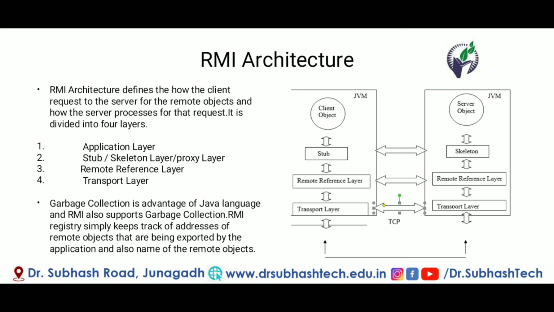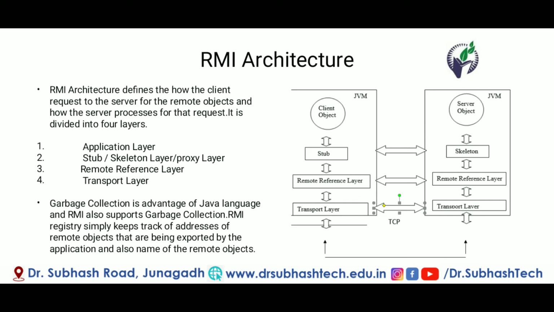The name of that object and the address or reference of that object is stored, and that task is done by the RMI registry. The main task of the RMI registry is to keep track of, or generate a log of, the remote objects that are considered for remote communication. This way you can see how the RMI architecture is built.